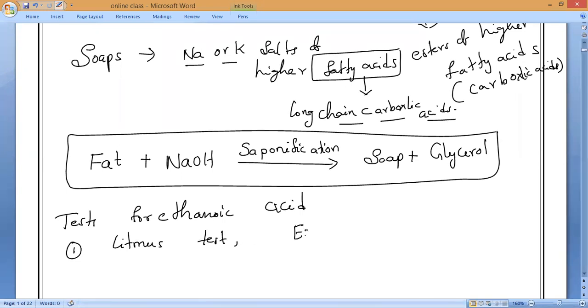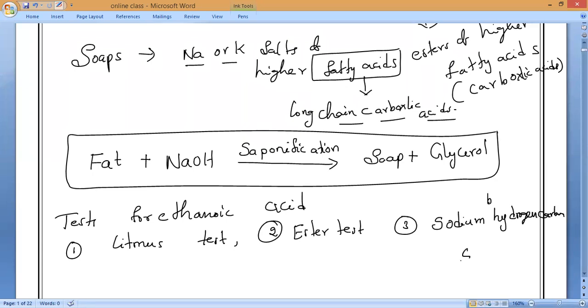Second one, ester test, and the third one, anybody? Sodium carbonate or bicarbonate. That is what reacts with it. In sodium carbonate, what will happen? That is the most important test.